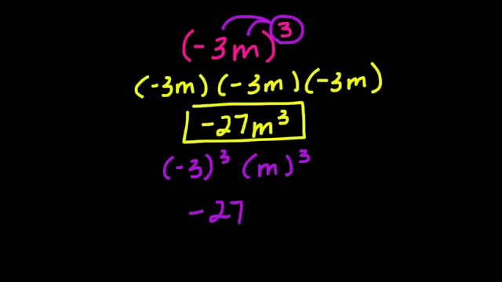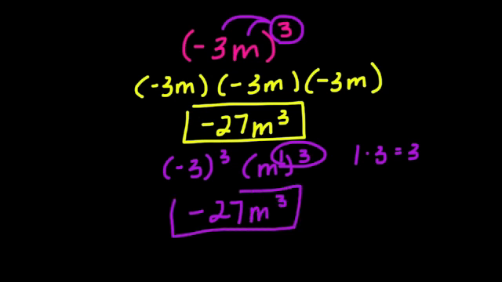But here, m to the third, I know that it's going to be m to the third, because that's what I got from my other answer, but understand that this here is an m to the first, and what I could do is take and multiply these exponents together. 1 times 3 gives me 3. So that's where, again, that m to the third comes in by multiplying the power to a power.